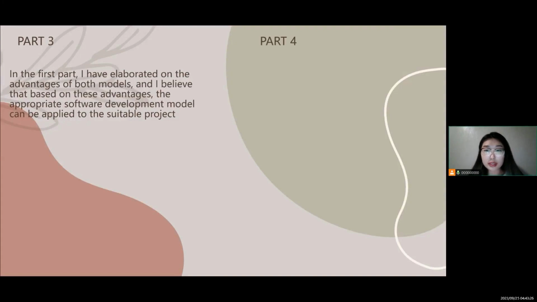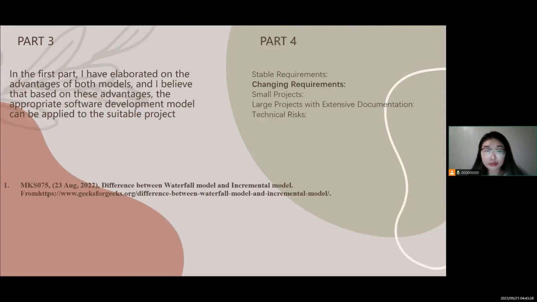Now, let us see part 4. In the first part, I have elaborated on the applicability of the two models individually. Now I will discuss guidelines on how to determine the most suitable approach for various scenarios.